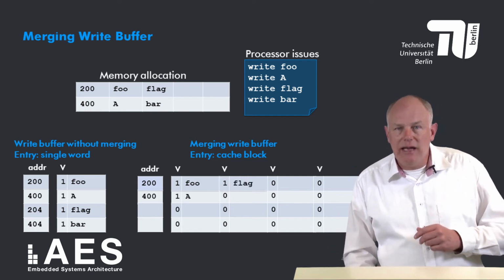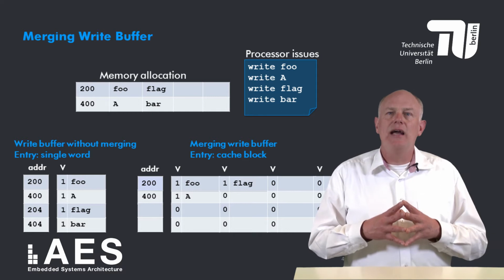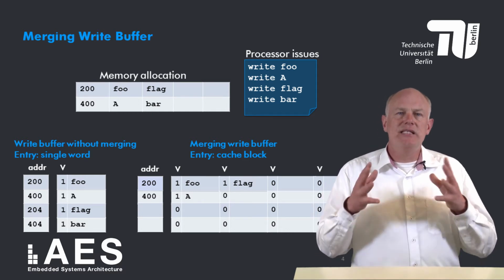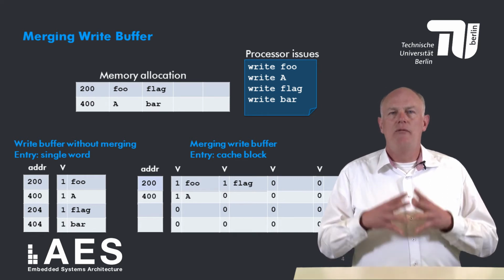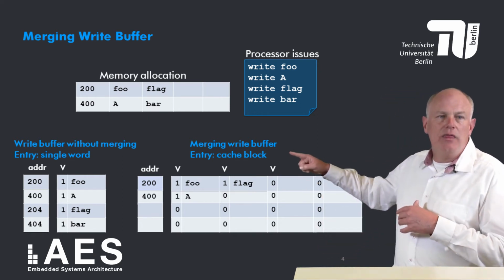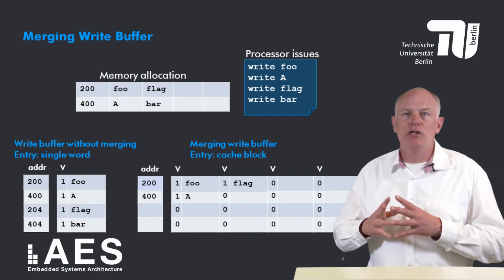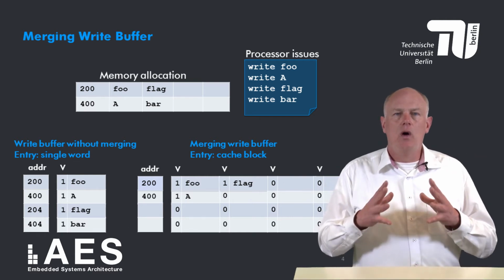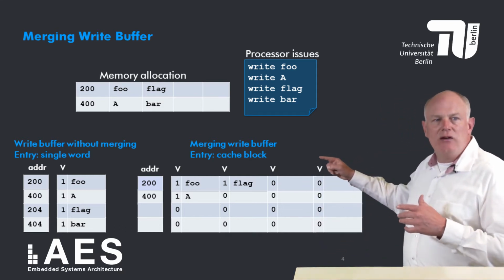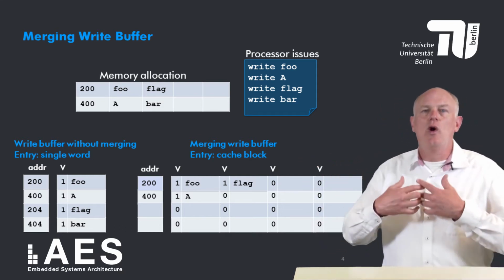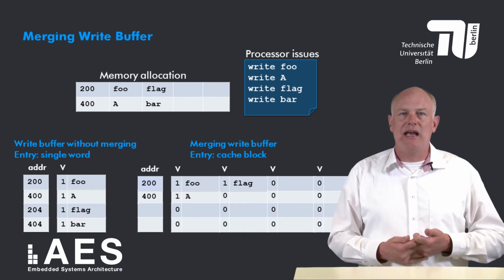The third write in thread order is the write to flag. Since flag is allocated in the same memory block as foo, flag will be placed at this position in the merging write buffer. Oh, Houston, we have a problem. The topmost entry of the write buffer will normally be written before the second entry.